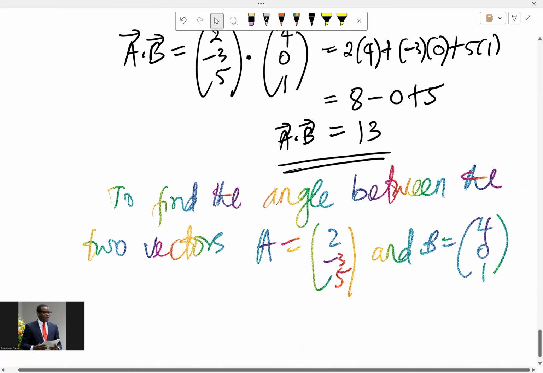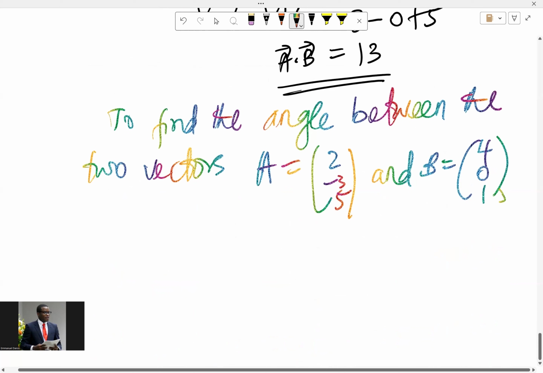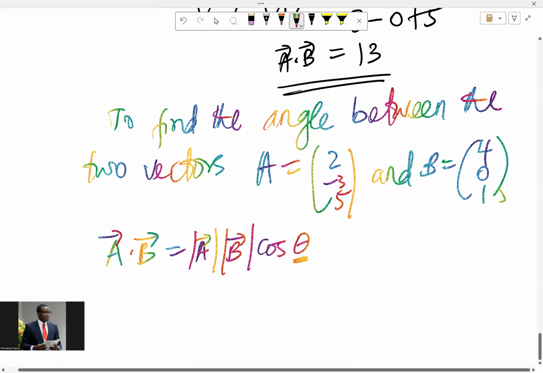To find the angle between them, don't forget the formula that A dot B is the same thing as the absolute value of A, that's the magnitude, and the magnitude of B, cosine of theta. So we are looking for this theta now.